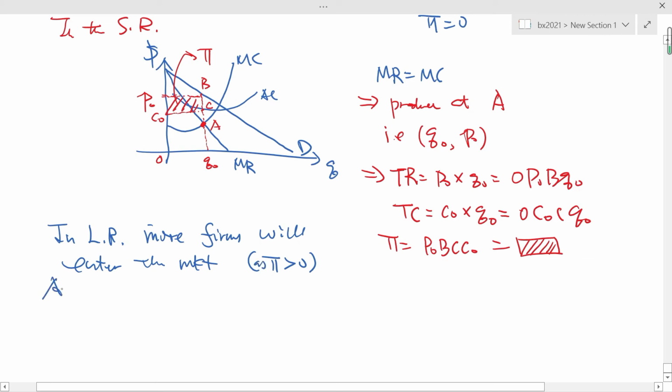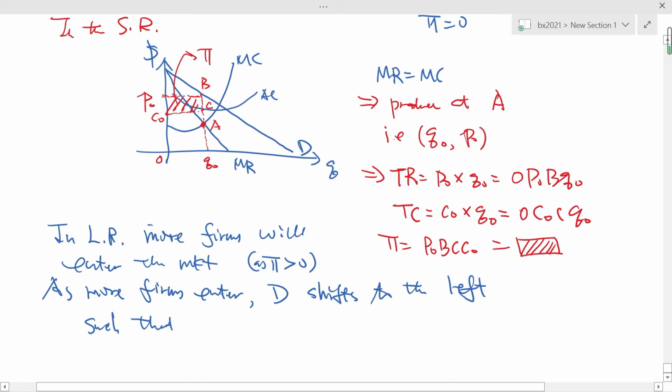So as more firms enter, demand for my product shifts to the left, and as demand shifts, my profit drops, such that profit goes down to 0. So I'm going to draw the long run diagrams on here.